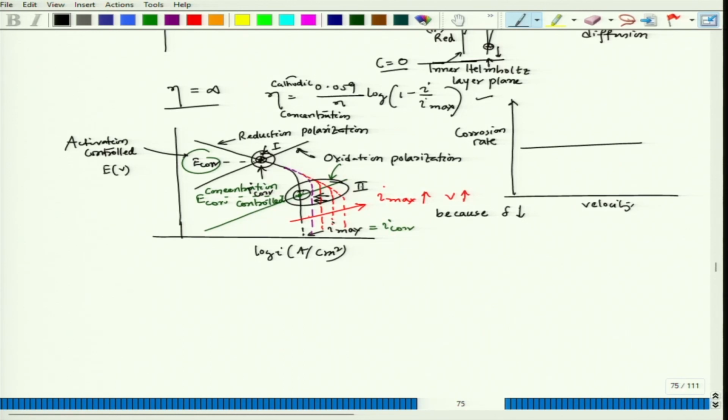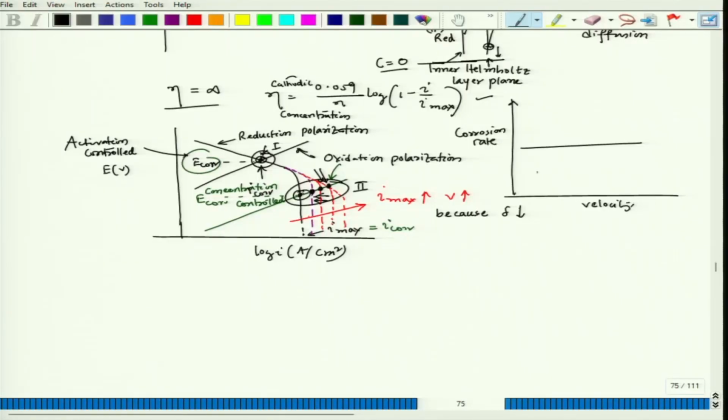Now, if we have a situation the way it has been shown in case 2, we can have a situation like this. The corrosion rate, you could see that initially it was here, then it keeps increasing, and then once it crosses this point, which is very crucial, after that, increase in velocity would not have any effect, because at that time the anodic part for the metal dissolution is not cutting the cathodic part in the concentration polarization region, rather it is cutting in the activation polarization part, and then the corrosion rate again would become constant.